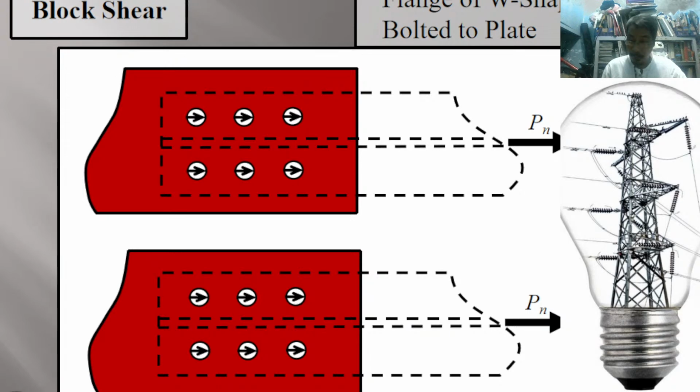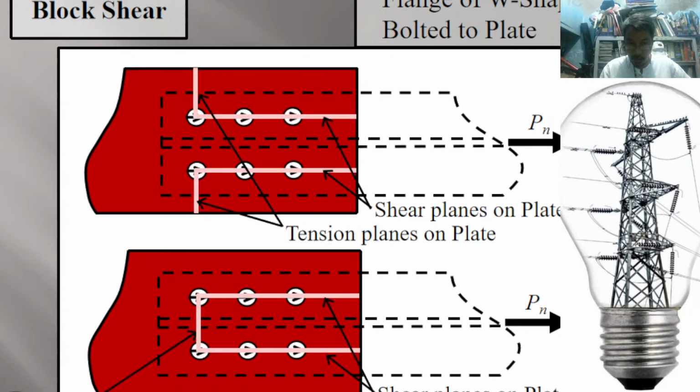The failure could happen on the attached element, and or it could happen on the plate wherein the element is attached. So right now we are looking at this. Since this is a W section, there are two possibilities of happening.